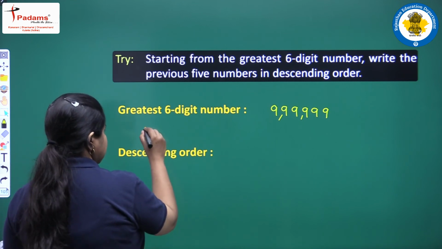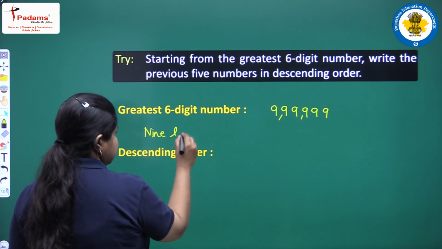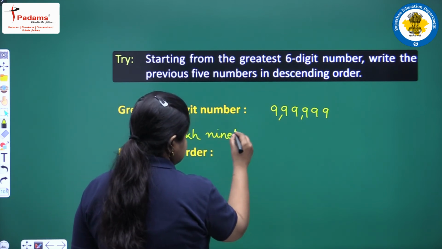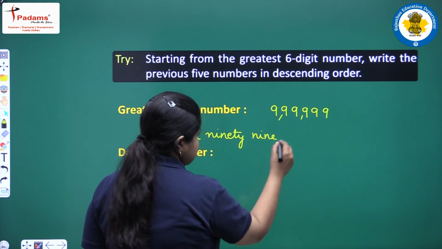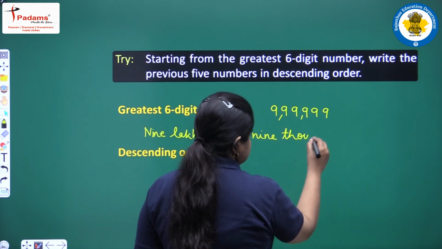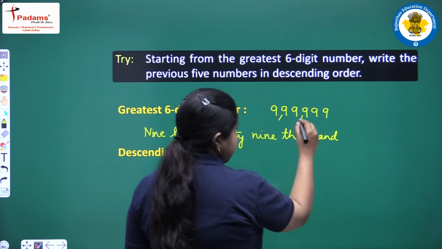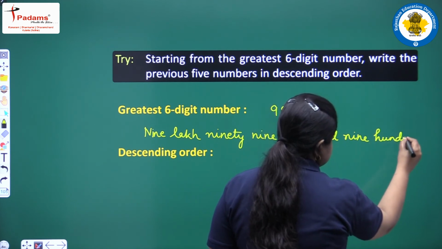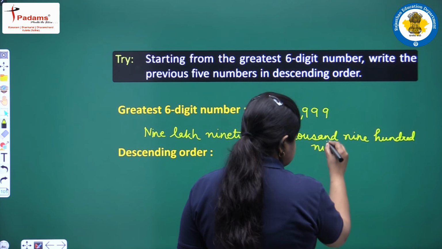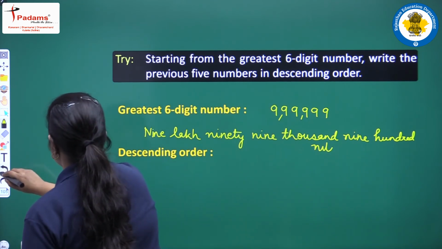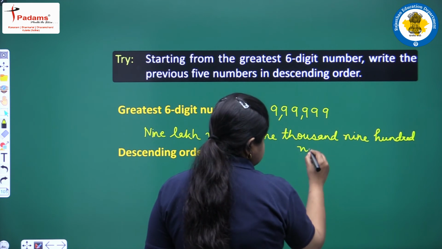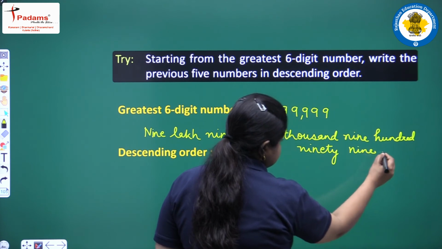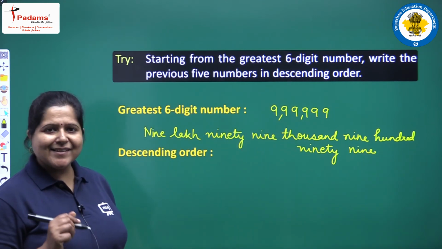It is 9,99,999. So this is the greatest 6 digit number.